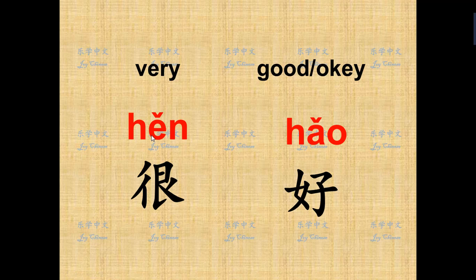So you put this one in front of the adjective to say it's more than that. Here I gave you a word, 很好. We learned 好 means good. When somebody asks you if this is good or not, you can say very good, means 很好, very good.